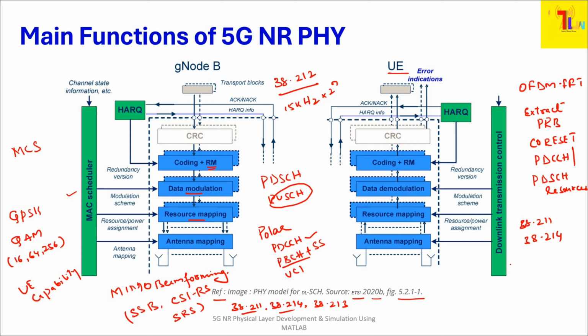Then the MIMO precoder demapping and equalization is going to be carried out. Basically, we are going to use either the MMSE equalization technique, or zero forcing, or a successive interference cancellation (SIC) kind of equalization technique, depending upon the configurations.